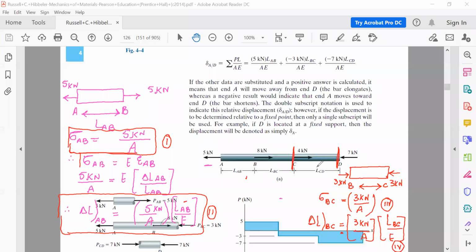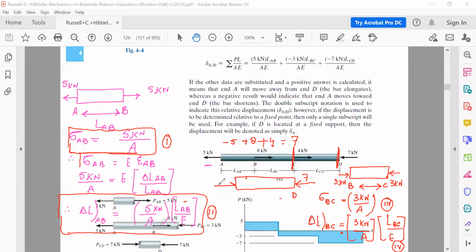Fine. Now let's talk about the section CD. As we talk about the section CD, on the end D, we are having a compressive load acting of 7 kilonewton. Okay, so I will write this as 7 kilonewton. Now what's on the left hand side? We are having 5 kilonewton minus, plus 8 kilonewton, and this 4 kilonewton plus. So 8 plus 4 is 12, 12 minus 5 is 7, and this 7 happens to be positive.